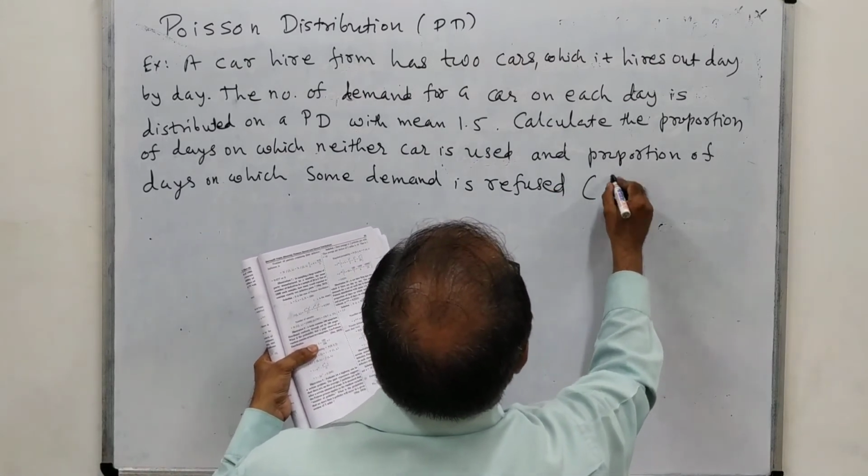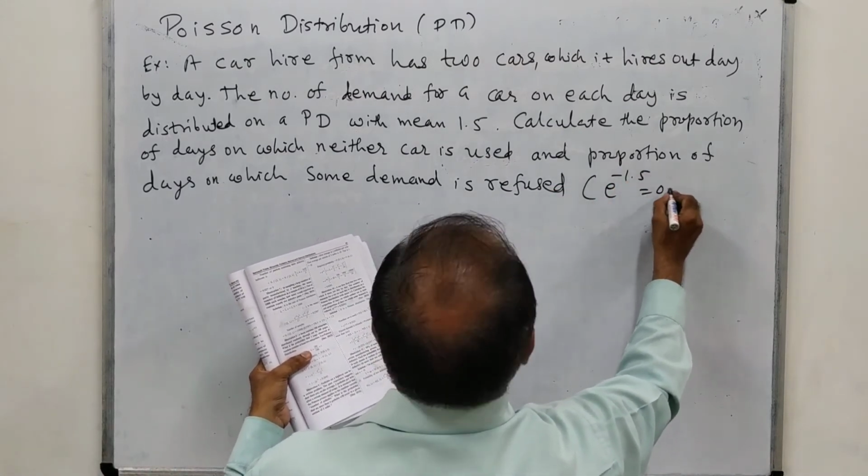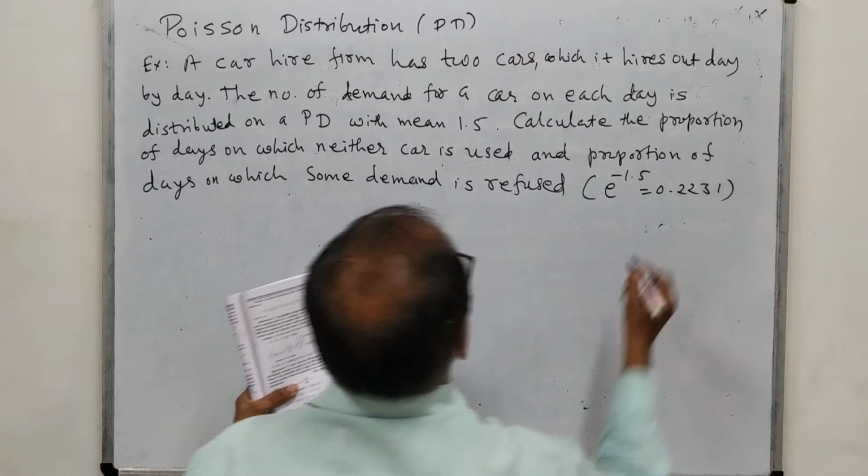And given here that e raised to minus 1.5 equal to 0.2231, it is given.